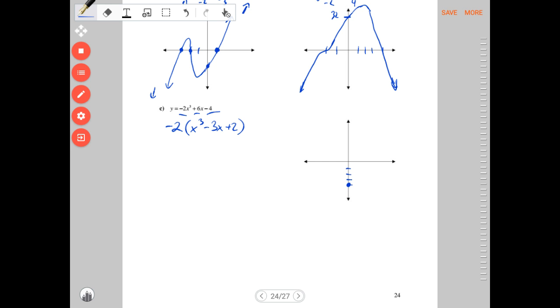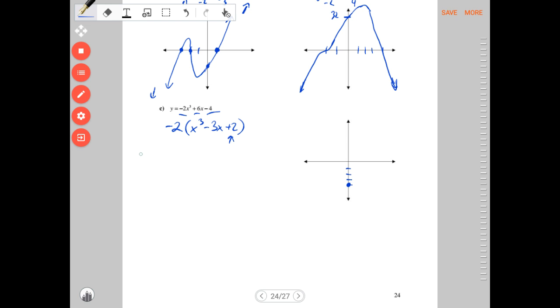Why we would want to do something like that is because then we only have to test the factors of 2. We don't have to test the factors of 4. Okay, it's very rare that this actually works out. Okay, but if you can factor it like this, always do so, because then it gives you less potential factors.